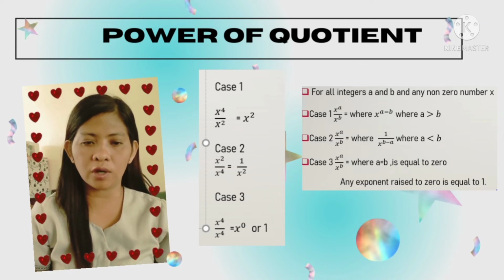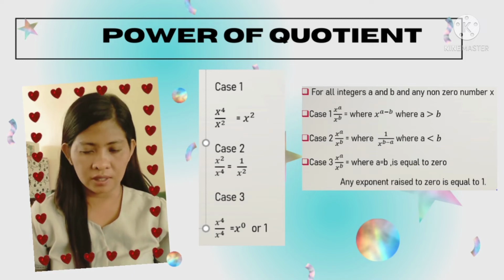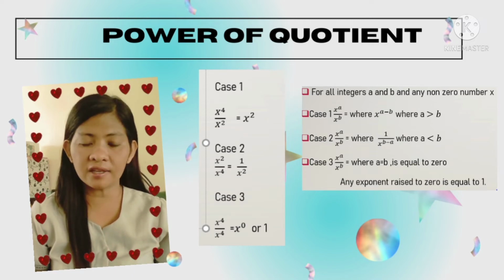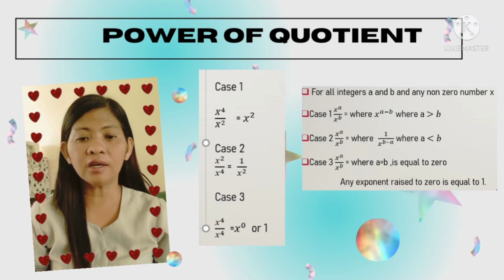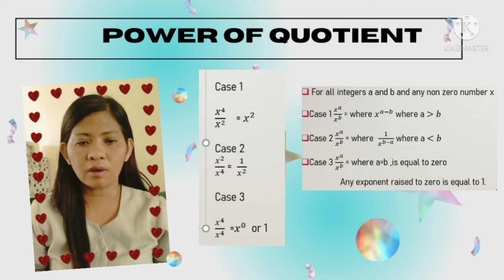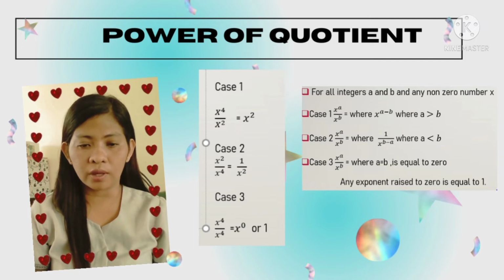If you are subtracting the same number, the result will be 0. As I said earlier, any variable or number or literal coefficient raised to the 0 exponent, the result will always be 1.